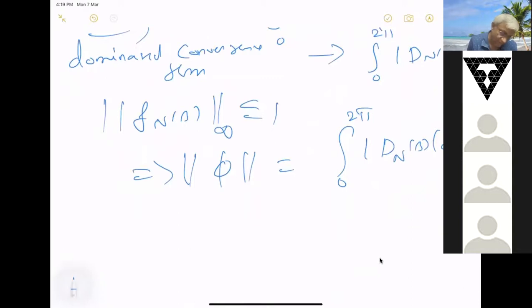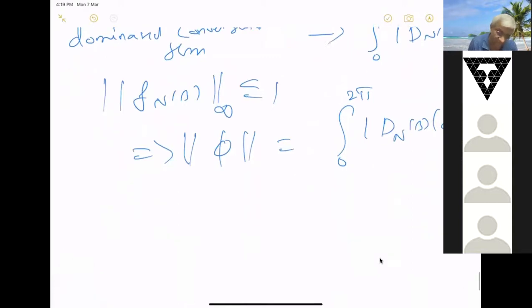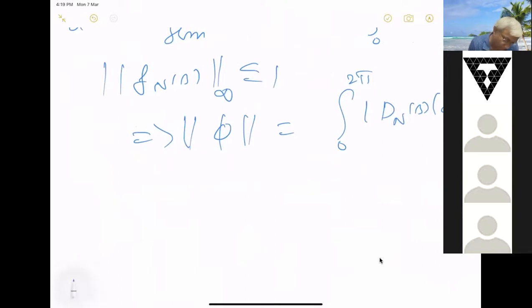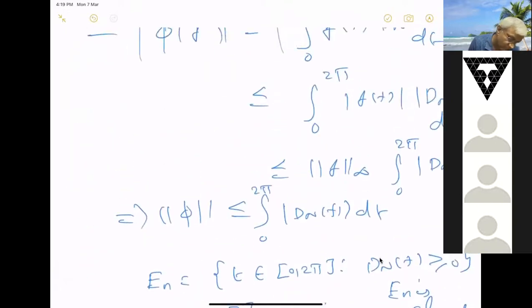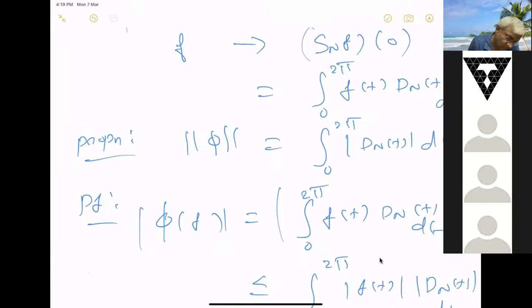Now we know that for each n we have this linear functional. Maybe I should call it phi n. I will change it to phi n, so you have to change it everywhere.